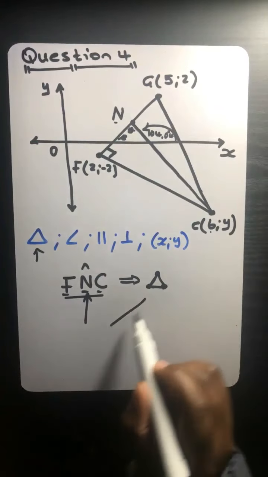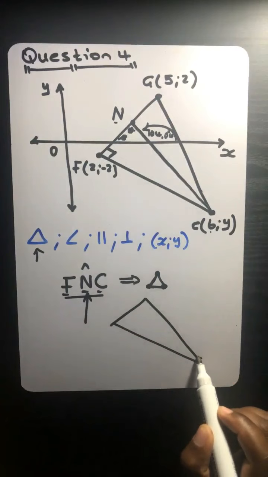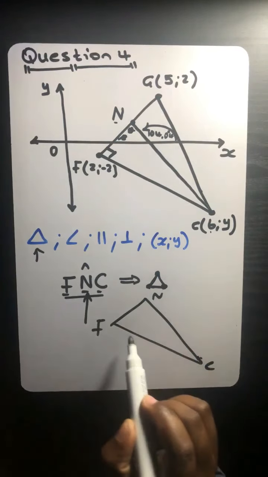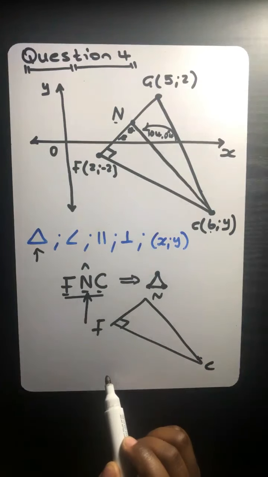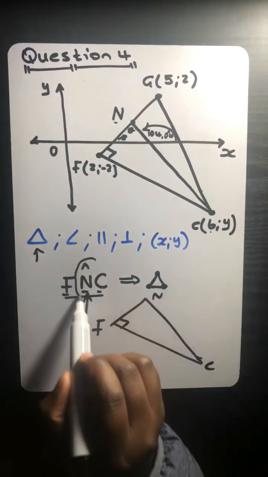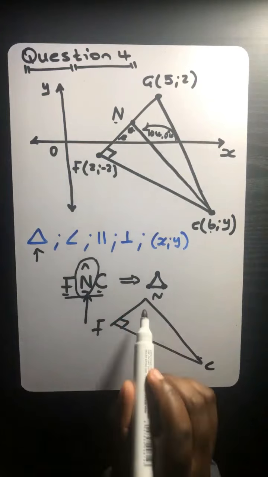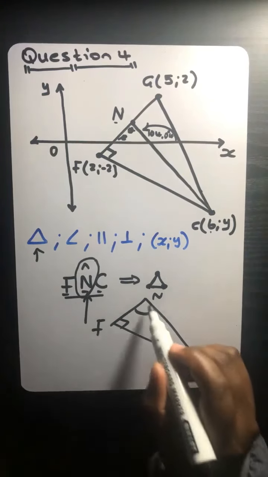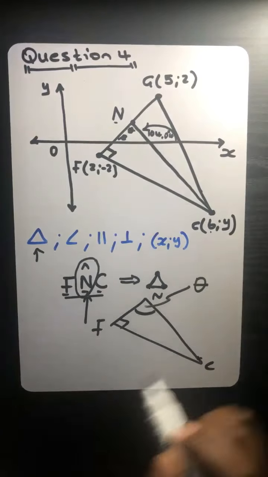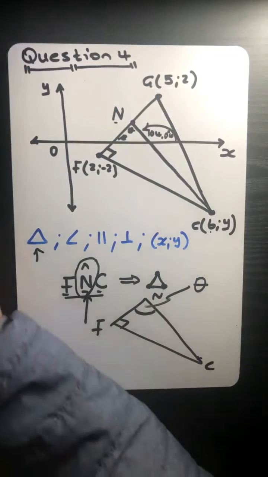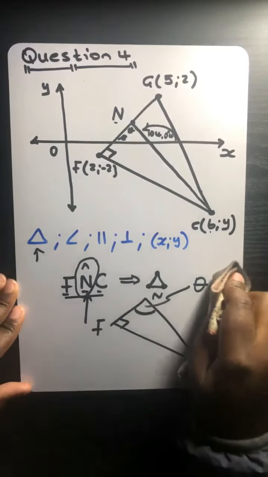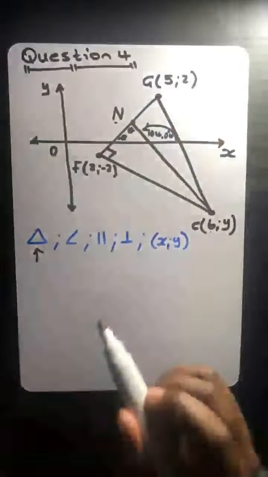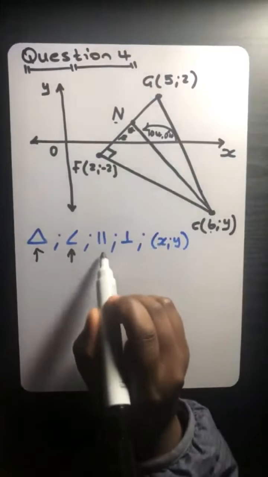So for example, this is C, N, and F. Already they said it's a 90-degree angle there. Because this letter is in the middle, it means they are talking about that angle over there, and that angle, guys, they call it angle theta. It is very, very important that you are able to notice the angle that they are talking about. Guys, in mathematics, this means angle. This means parallel.